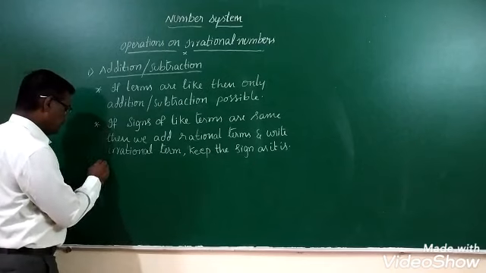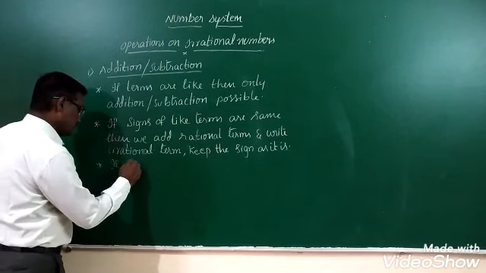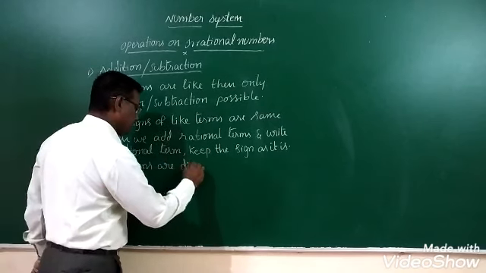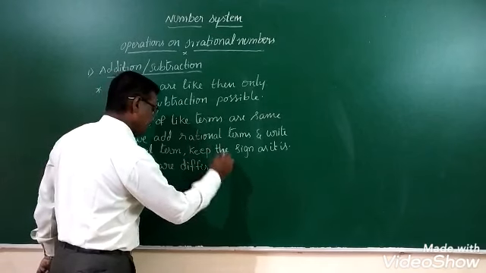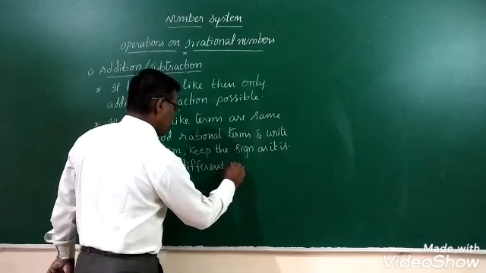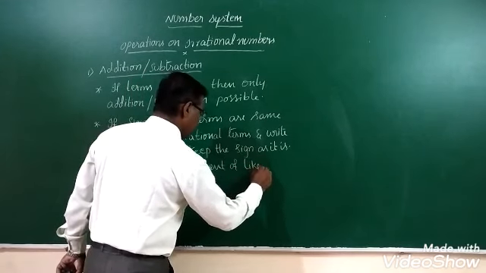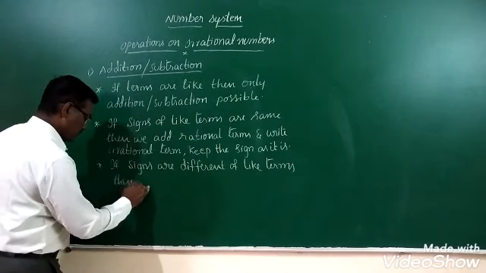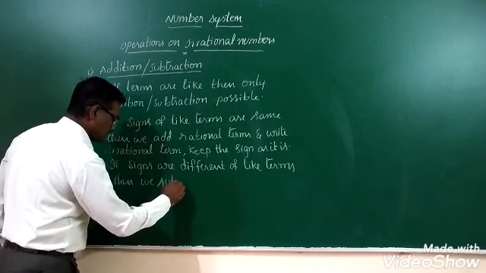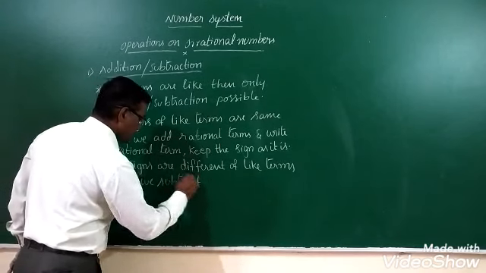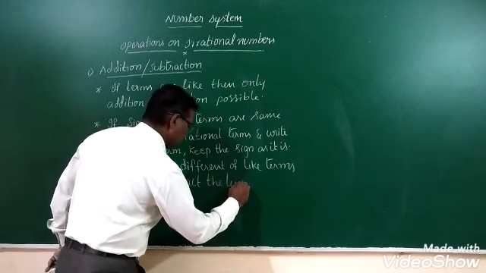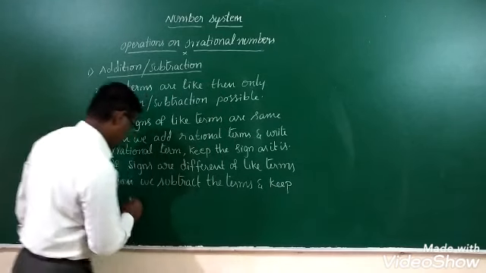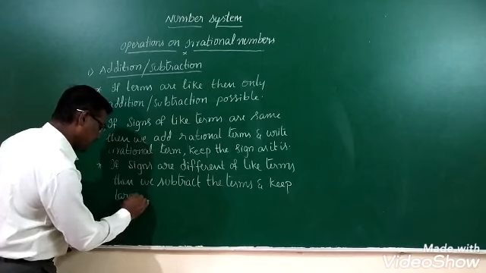Second one, if signs are different of like terms, then we subtract the terms and keep the large number sign.